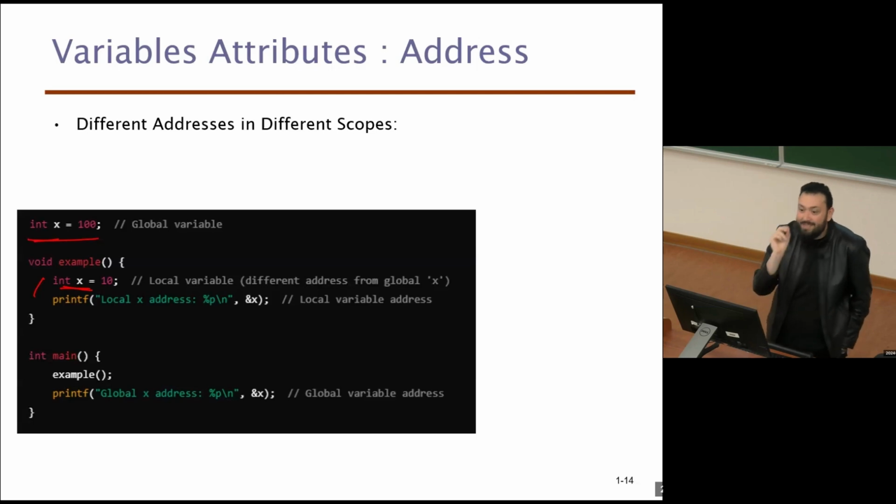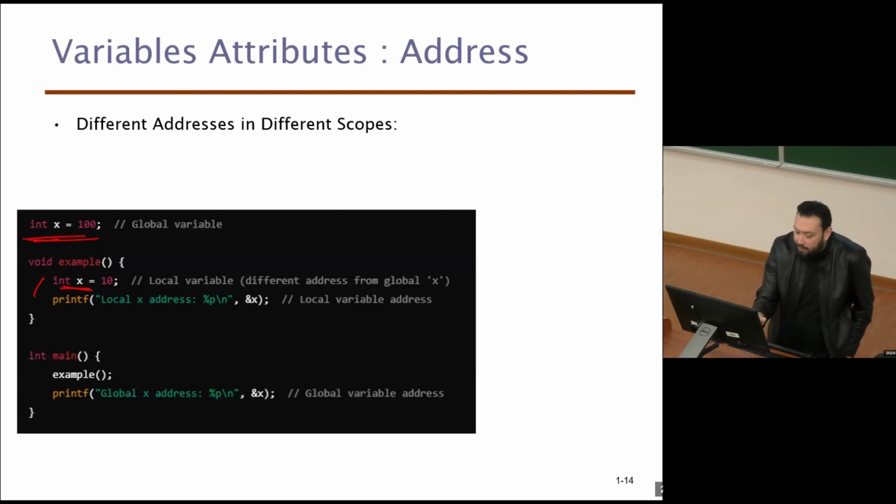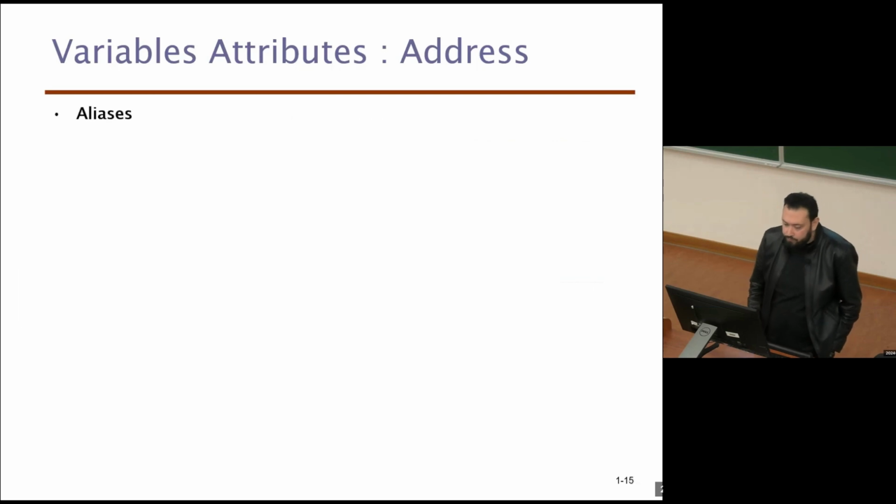So it's okay to have the same names for the global and the local. Now it's not recommended because, as we said, the name is very important. But anyway, this x will have a different address than this x. So these will print two different addresses. Okay, so these are very important for you to know.